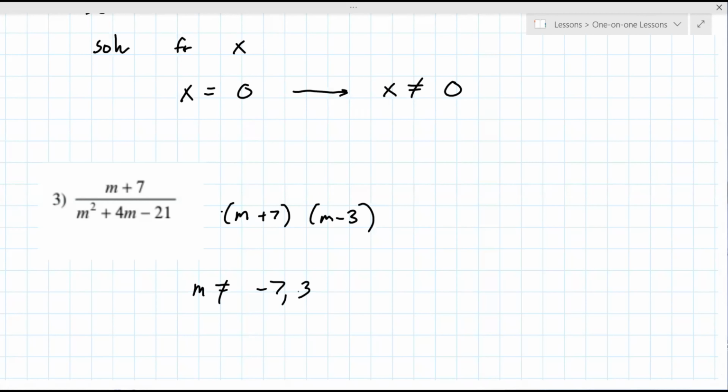For 4, n cannot equal -1. That's right. So 5 is the same. 25x minus 40 equals 0. Add 40.